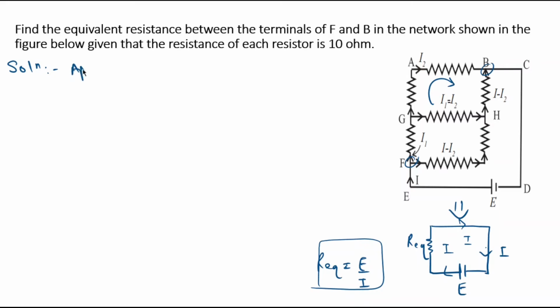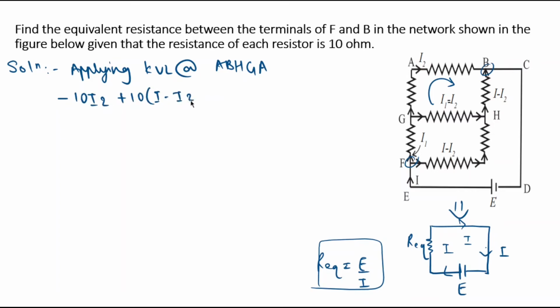So applying KVL at A, B, H, G, A, this will give you minus 10 I2 plus 10 (I minus I2) plus 10 (I1 minus I2) minus 10 I2 equal to 0.